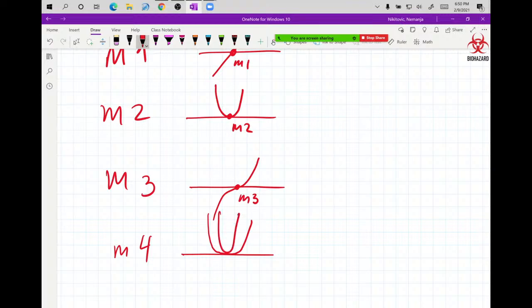Because the M2 just bounces right off. This one kind of hangs around a little bit longer. And you can go with these, right? The M5 is going to be the same as M3, except it's going to hang around even longer. It's going to go like this and hang around longer and go like that.